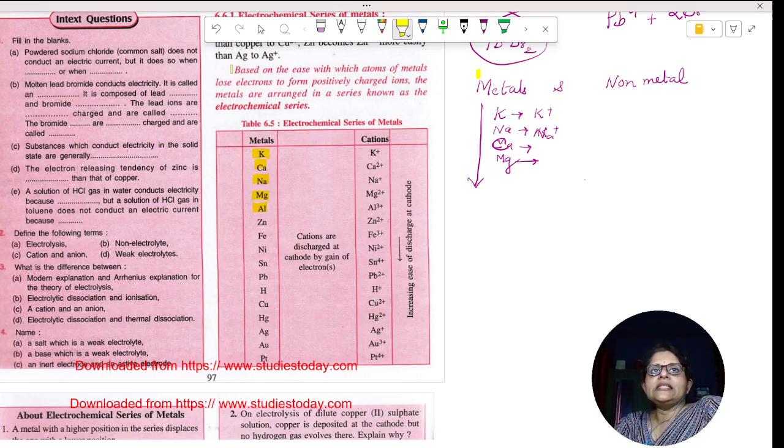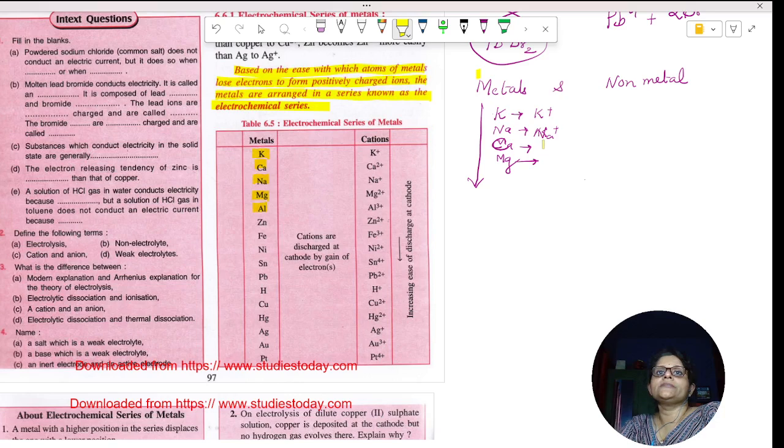Based on the ease with which atoms of metal lose electrons to form positively charged ions, the metals are arranged in a series known as the electrochemical series. So it is arranged like this. As we go down, the tendency to lose electrons gets faster.